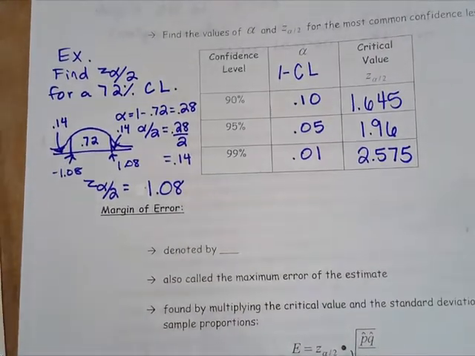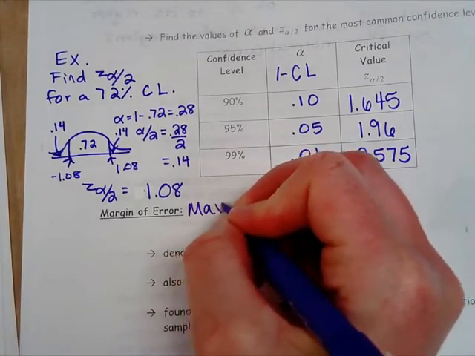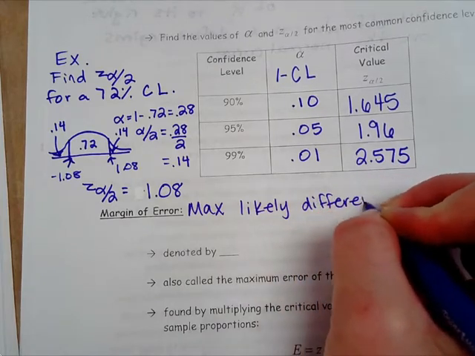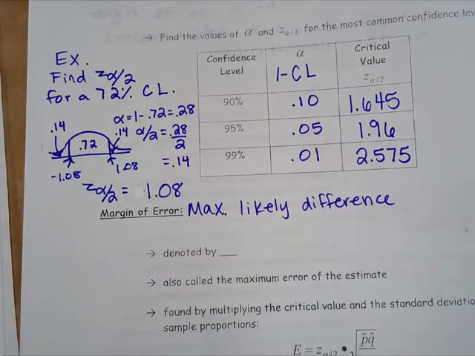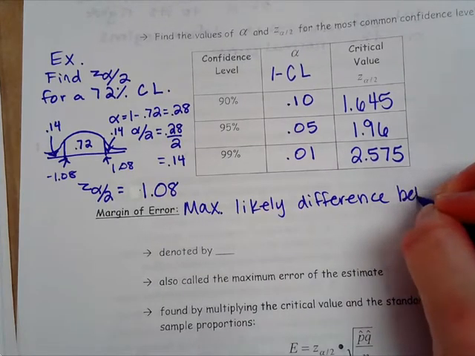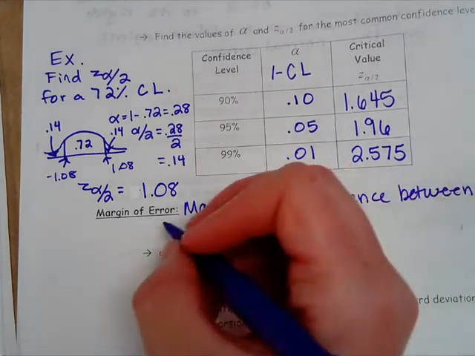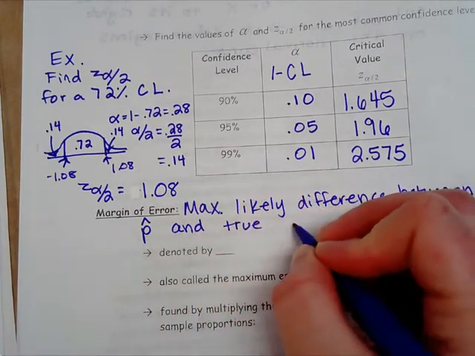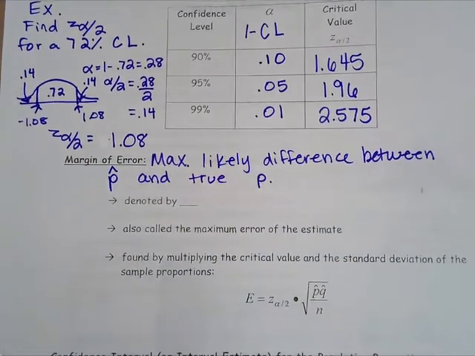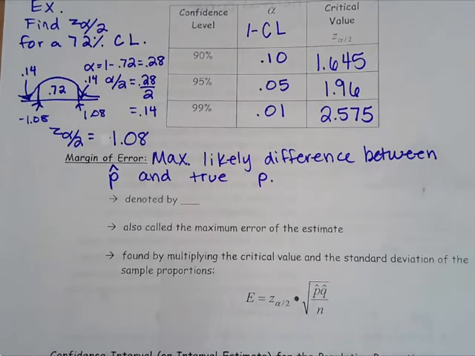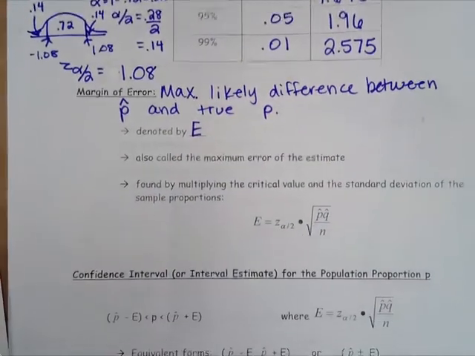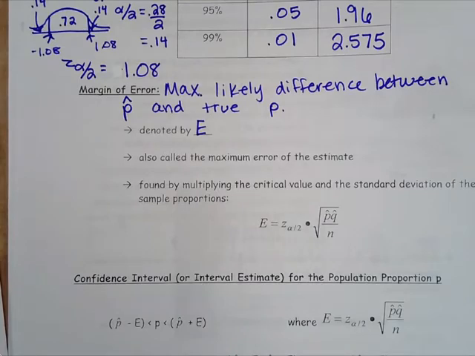So the margin of error is going to be the maximum likely difference between P hat and true P. And it's denoted by E, which is margin of error. Also called the max error of estimate.